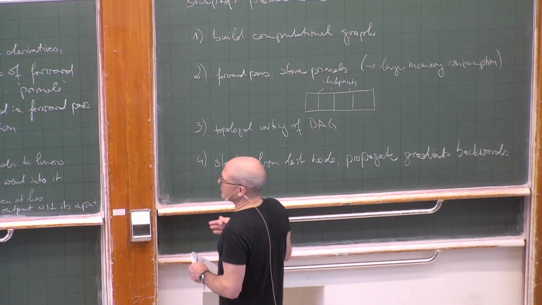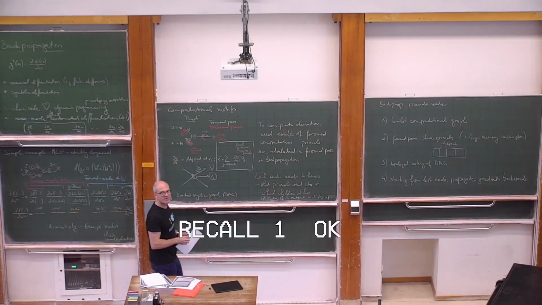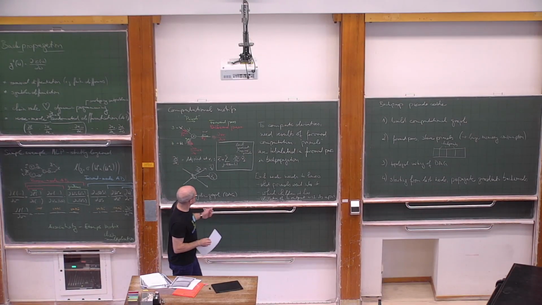And you can look at this in terms of message passing in your computational graph. You propagate messages backward from your loss to your intermediate computational nodes in the graph.